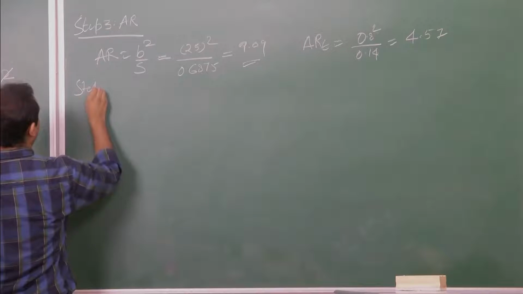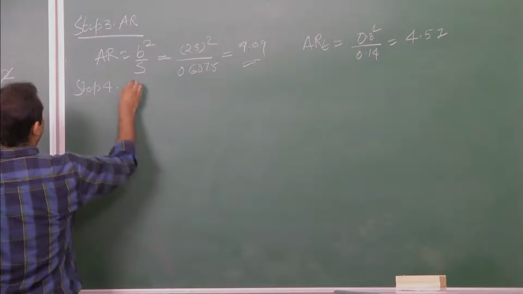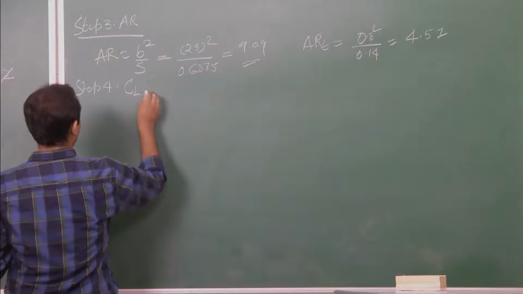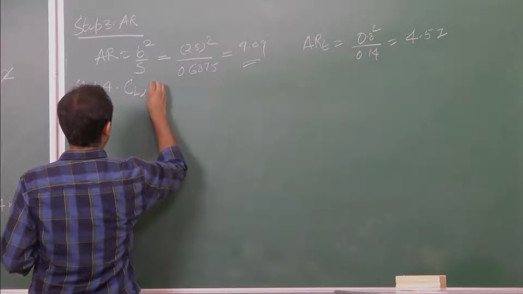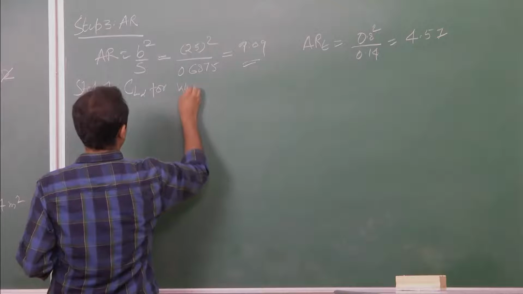Step 4 is to calculate CL alpha for wing and tail.